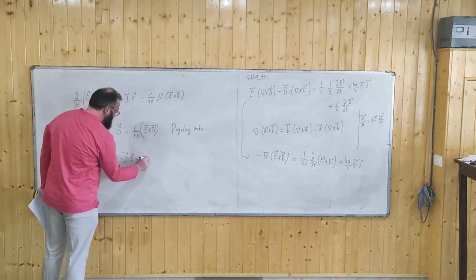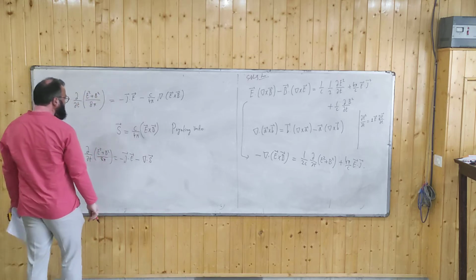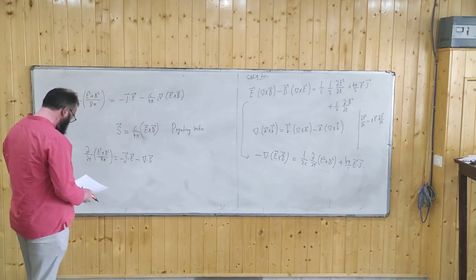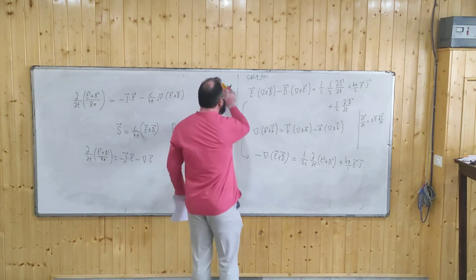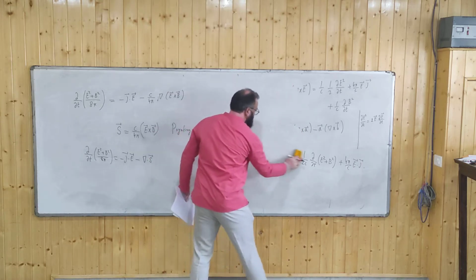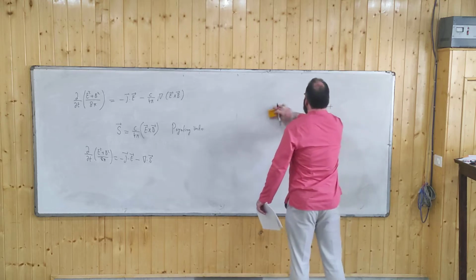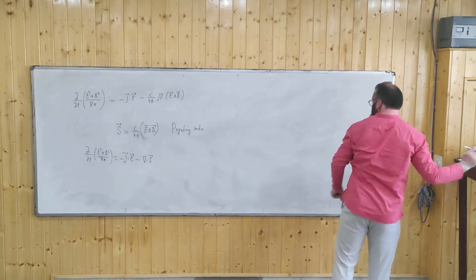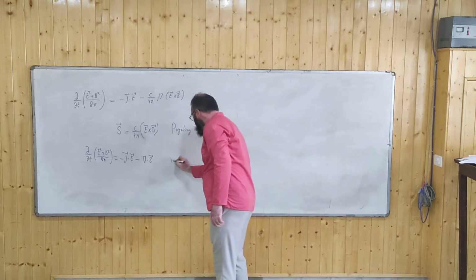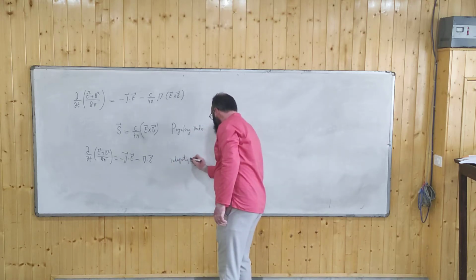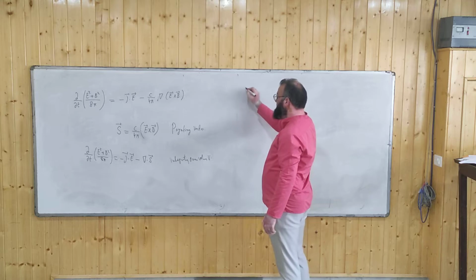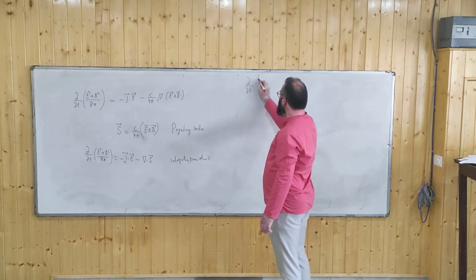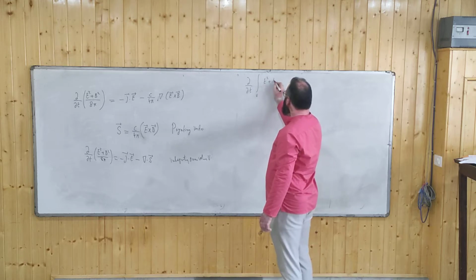Minus del dot S. Now let's integrate this very equation over volume V. So what will I get? Integration of partial by partial t of E square plus B square by 8 pi dV.